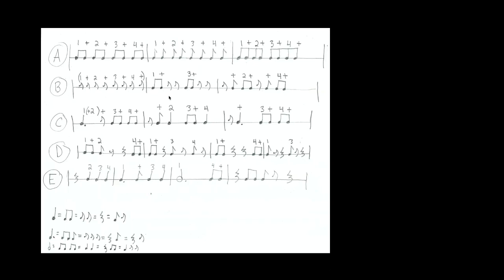Now in measure 3 of exercise B, I've shown you how a rest can sometimes take the place of a beat to which there would be a number. Sometimes this can be confusing, as we're used to in our easy and intermediate music, having notes that fall on the beat.